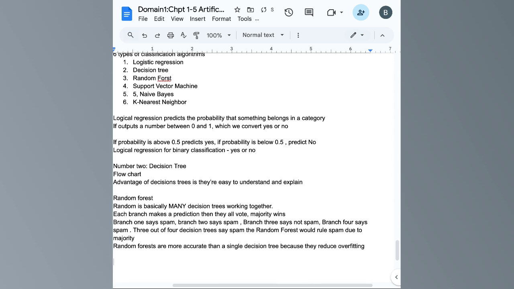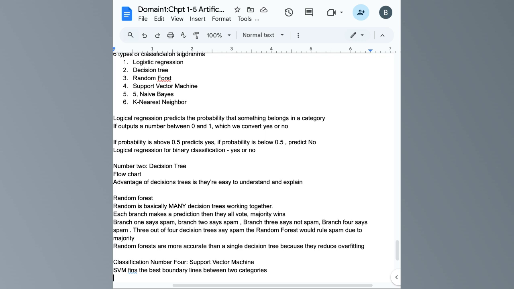All right, so classification number 4, support vector machine. SVM finds the best boundary lines between two categories. So imagine you have dots on a page.